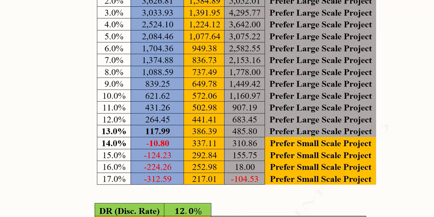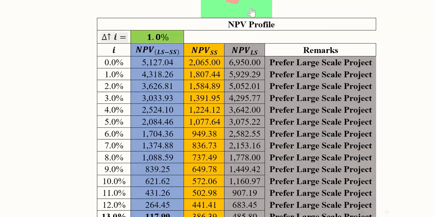And the interpretation is that when the NPV of the differential is positive, then we prefer the large scale, but when it turns negative, we prefer the small scale project.